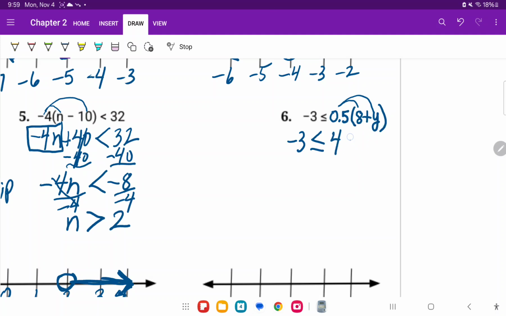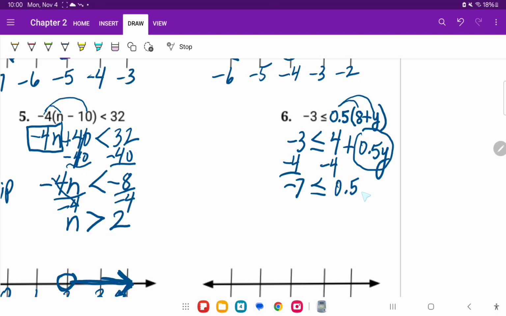Then 0.5 times y is 0.5y. All right, and so the y term is what we're trying to get alone. So we'll subtract the 4. So we'll have negative 7 is less than or equal to 0.5y.